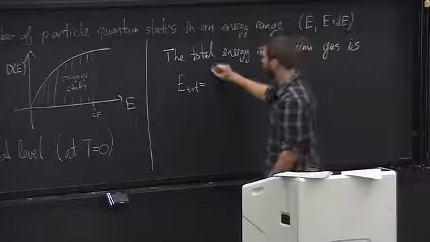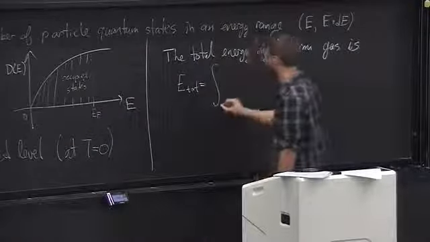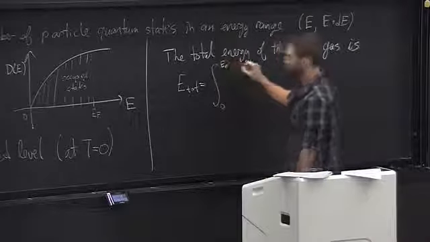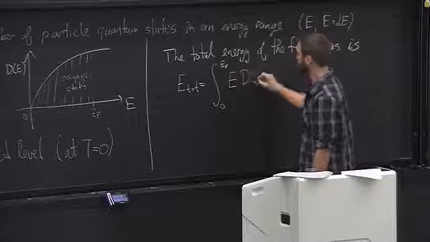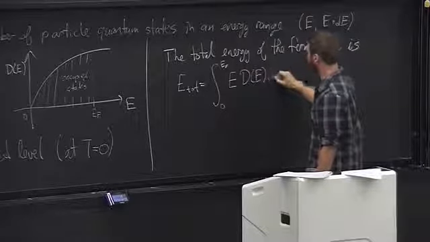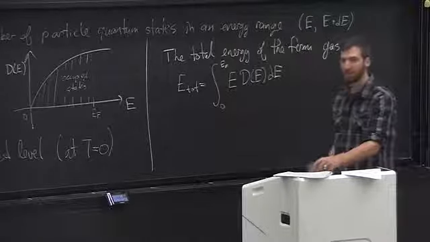I'm going to integrate from 0 to the Fermi energy, energy multiplied by my density of states. That's the power of the density of states: you take your dk integral and write it as a dE integral.